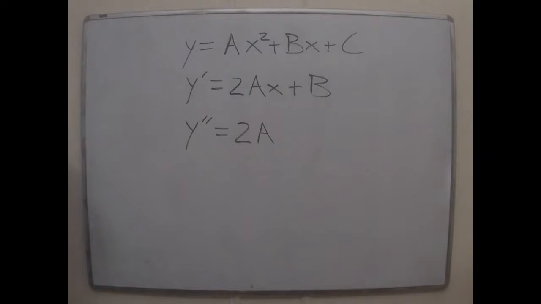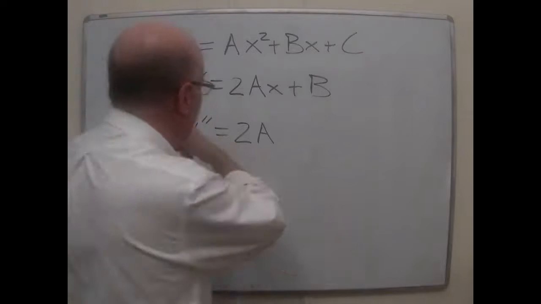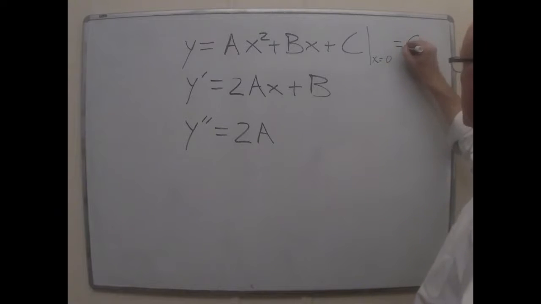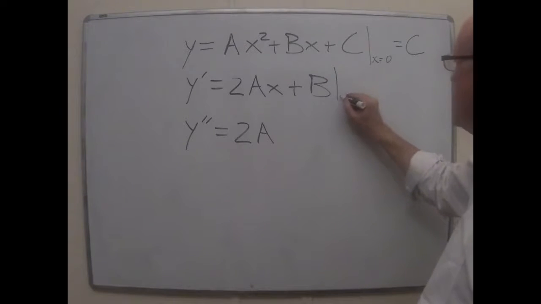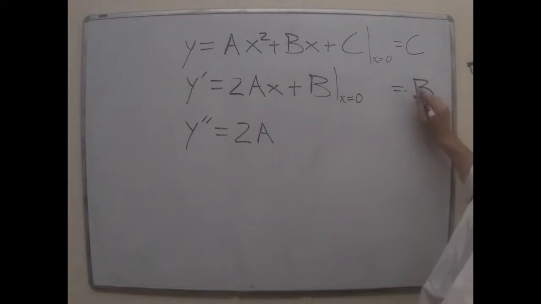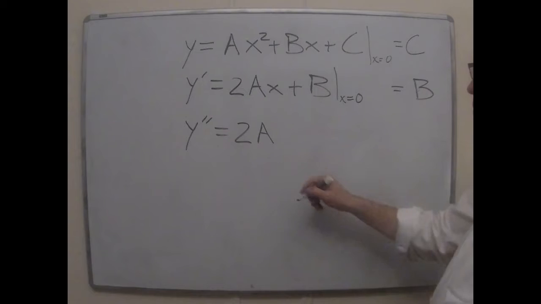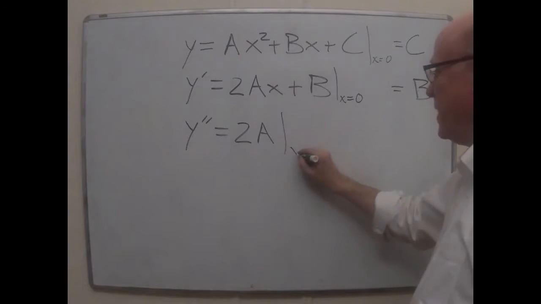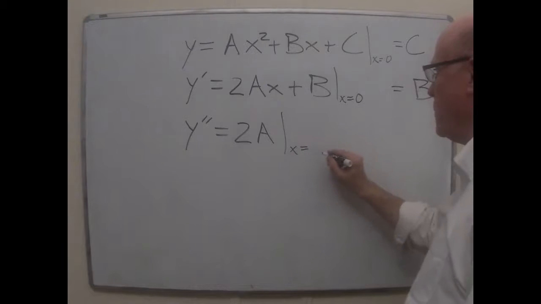And if you evaluated all of these things at x equals 0, you're going to get c. Evaluate this one at x equals 0, you'll get b. And this one evaluated at x equals 0, well, it doesn't matter where you evaluate that one. At any point, its value is twice a.